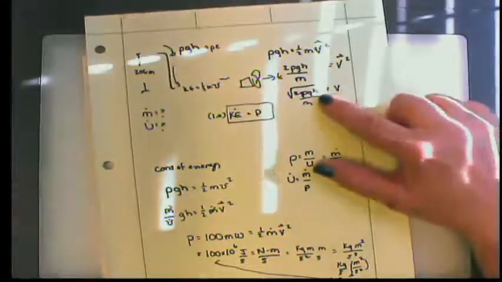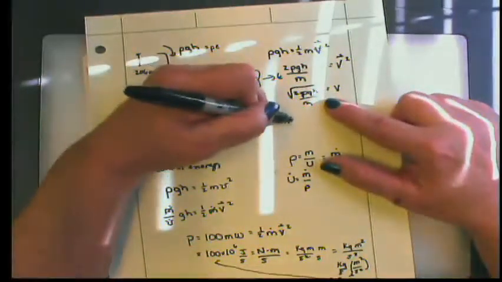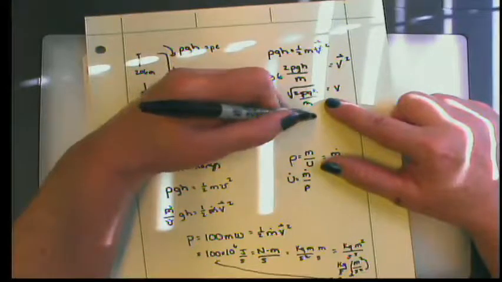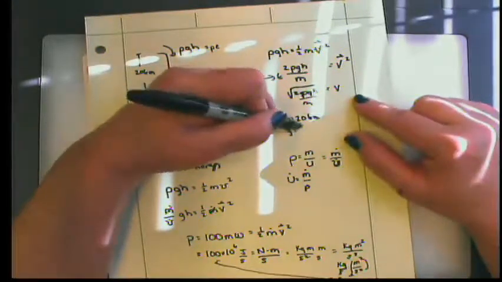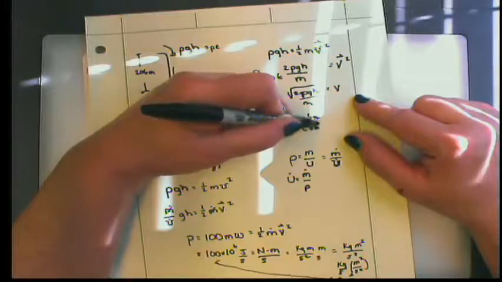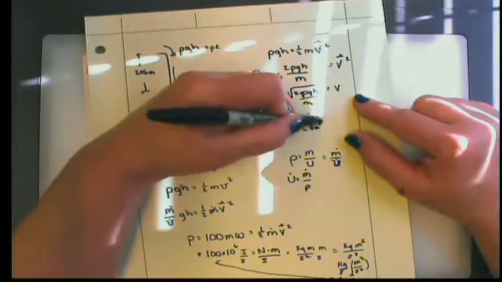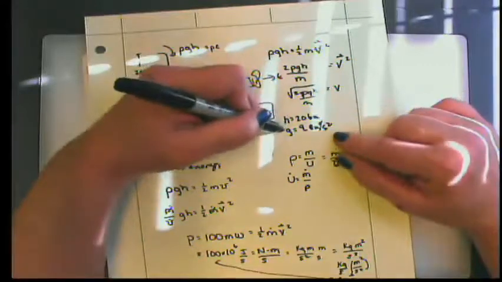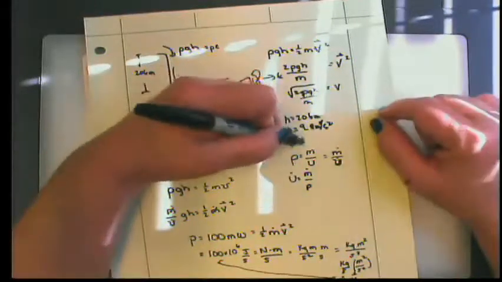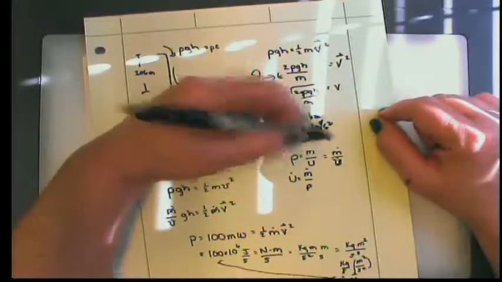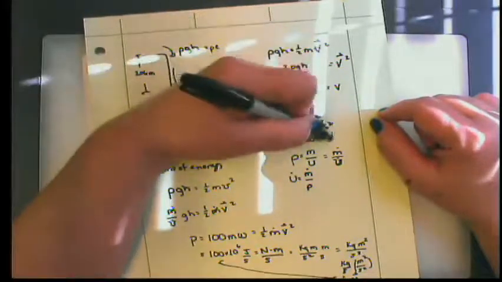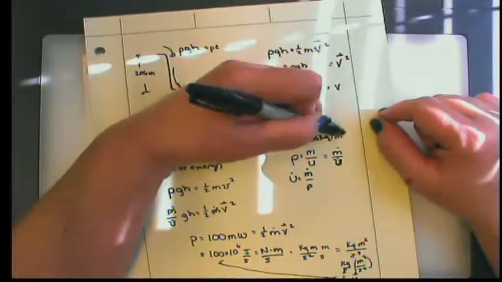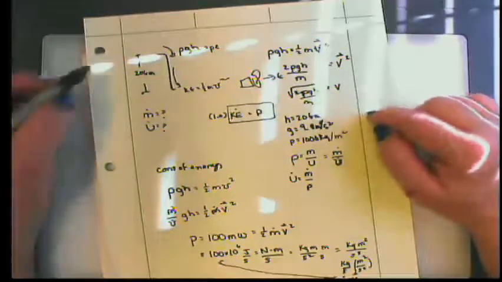So we know h, which is 206 meters. We know g, which is 9.8 meters per second squared. And we know the density of water, which is about 1,000 kilograms per cubic meter. And we don't know the mass.